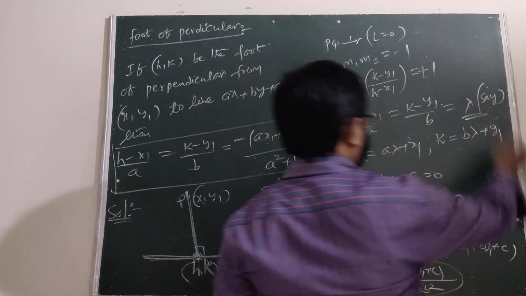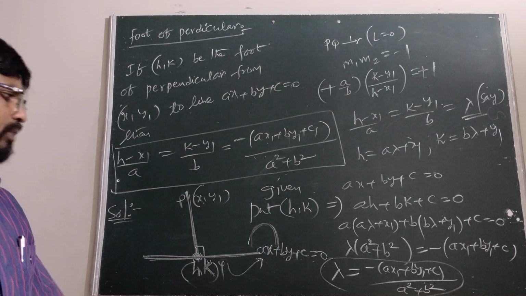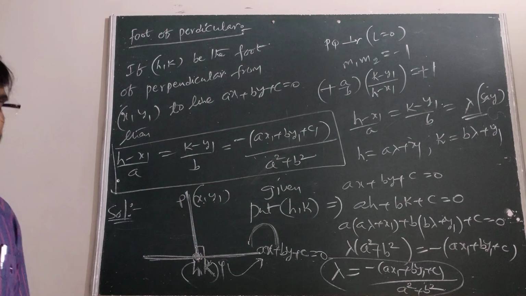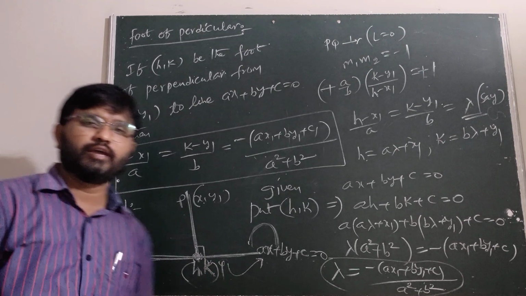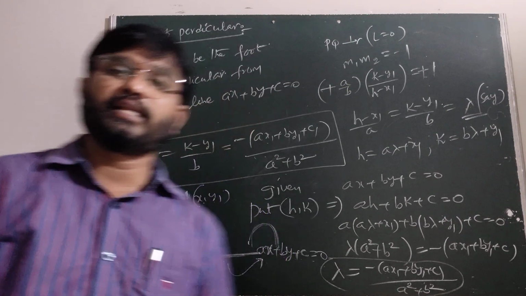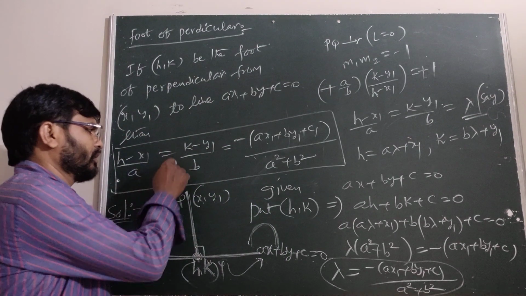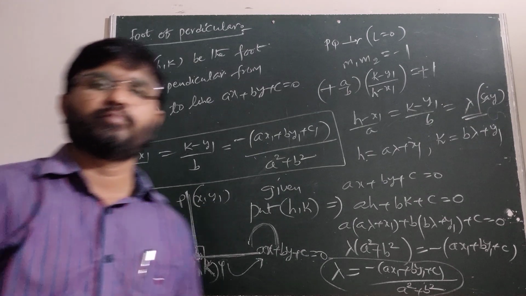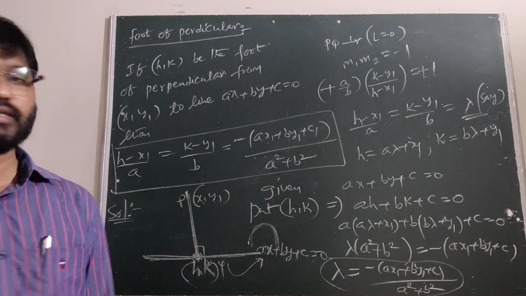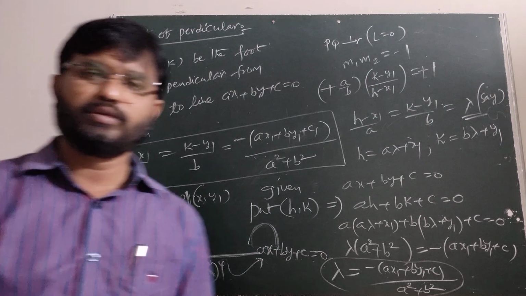Is it clear? This is the foot of the perpendicular from (x1, y1) to the line ax + by + c. Then (h - x1)/a = (k - y1)/b = -(ax1 + by1 + c)/(a square + b square).